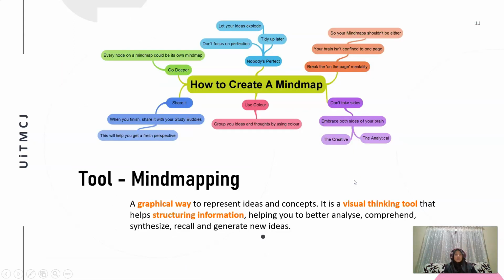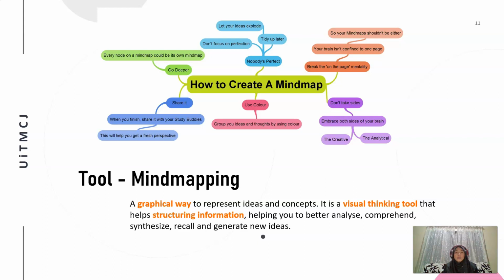So what is the tool that we use for finding relationships, method number 2? It is mind mapping. This tool is very simple and I think you are very familiar with it, because normally you use it for your notes, right?